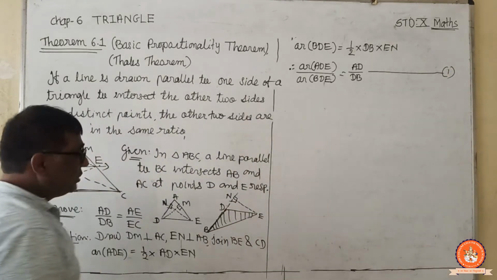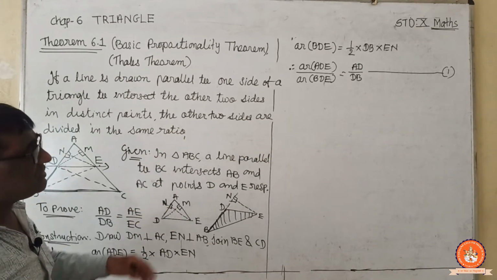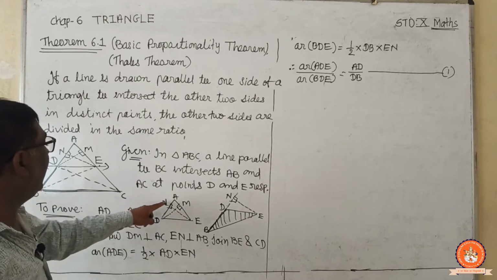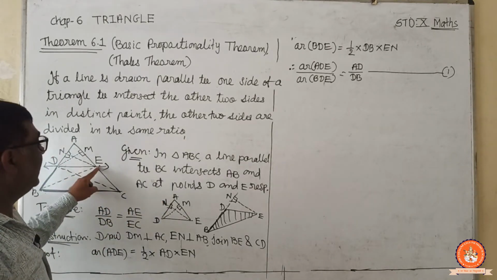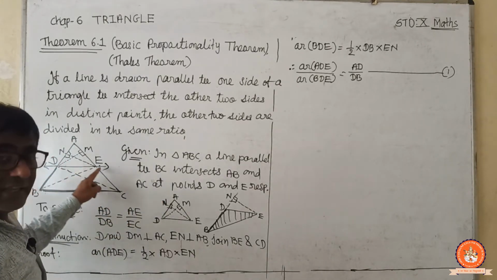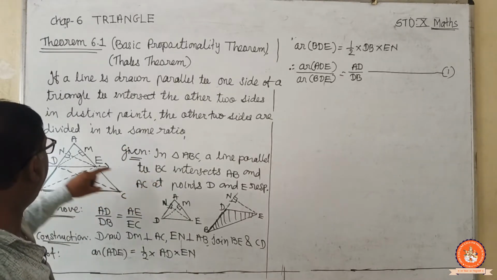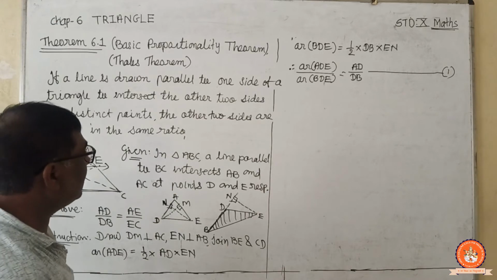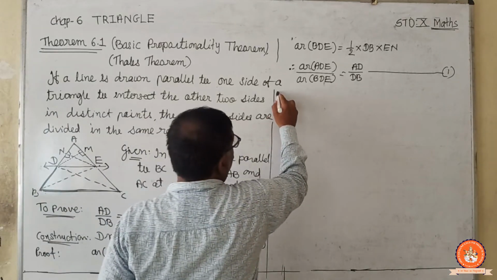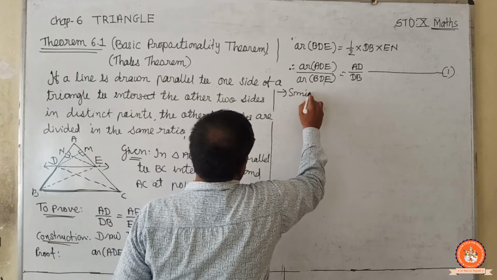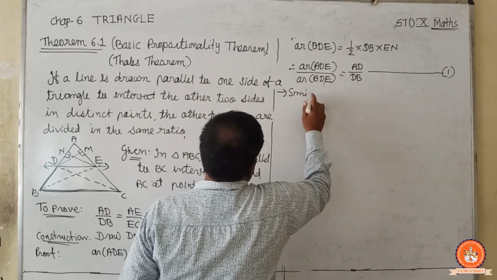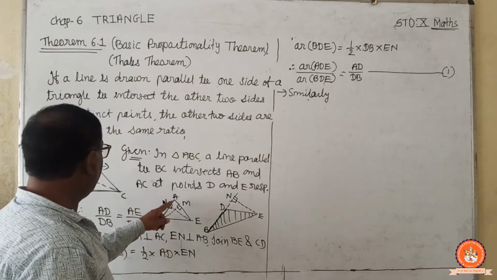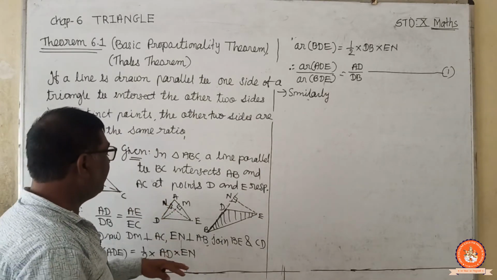So taking the ratio of both these results, we come to the result that area of triangle ADE and area of triangle BDE are AD upon DB. Now my friends, similarly we can write area of triangle ADE in a different way.